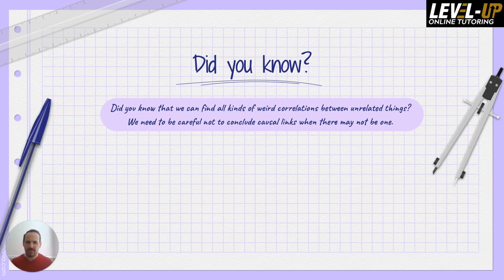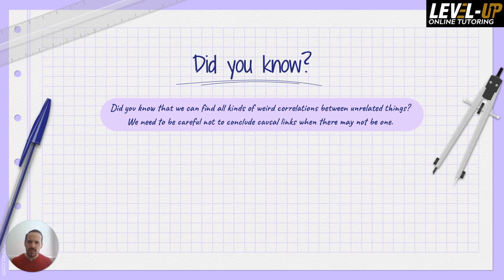It might sound a bit silly, but this is an error that can happen sometimes. There might be a third thing, in this case maybe hot weather, which causes people to buy more sunscreen, but also causes people to buy more ice cream. And so there you go. These two things are correlated, but one doesn't cause the other.